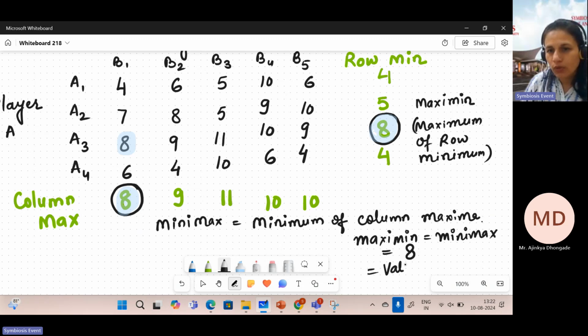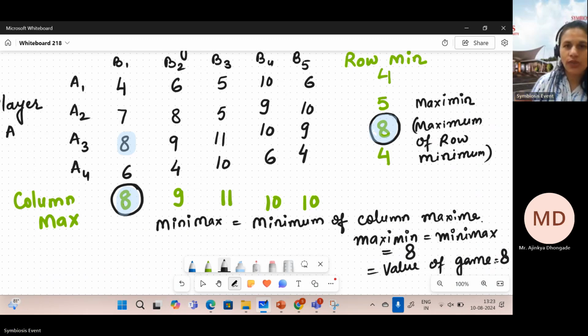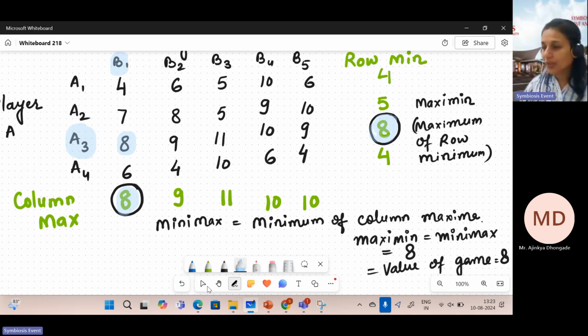Therefore, the value of the game is coming how much? 8. Done. And what are the strategies? Strategies are A is going to have the value as A3, and B is going to have the value as B1. So A is going to follow his third strategy, and B is going to follow his first strategy. So if I want to write the values in terms of strategies, right? So how am I going to write the strategies?